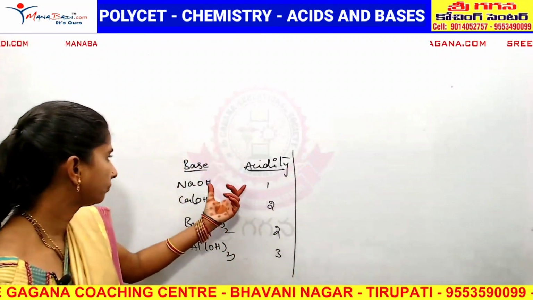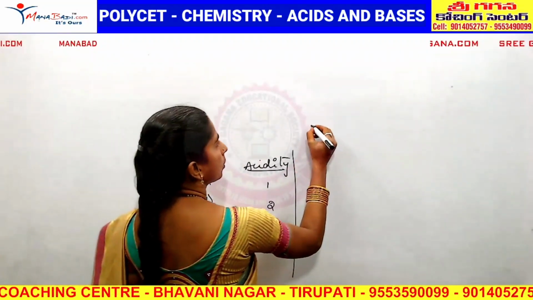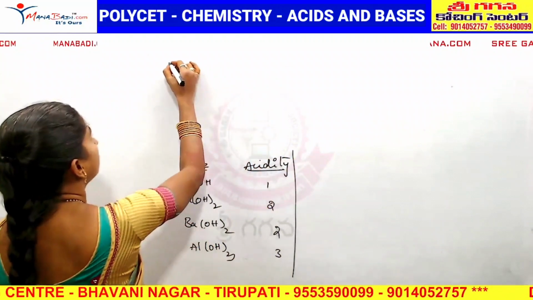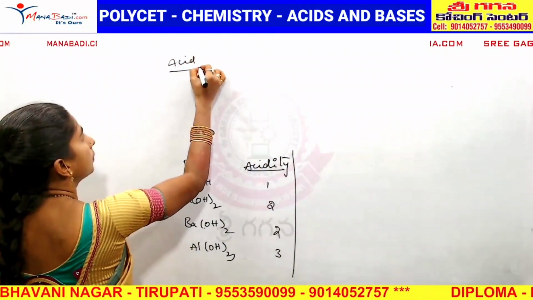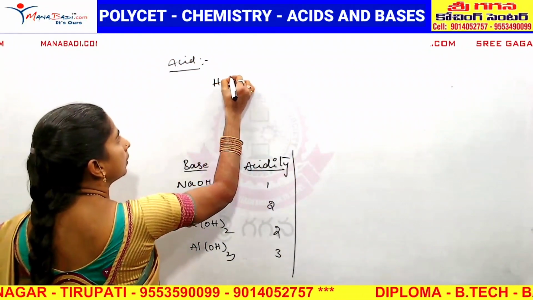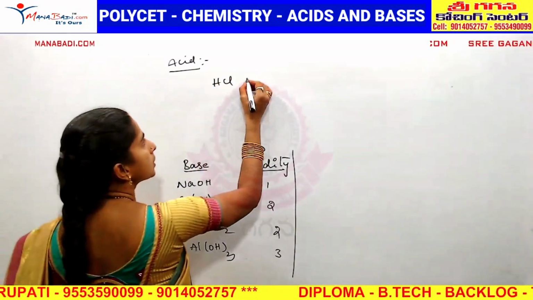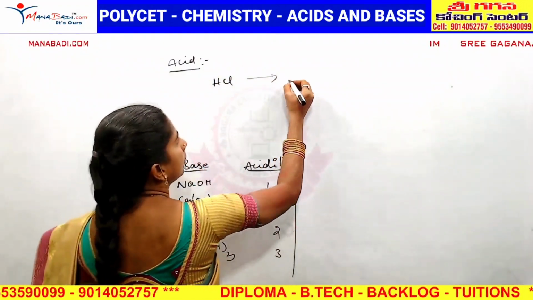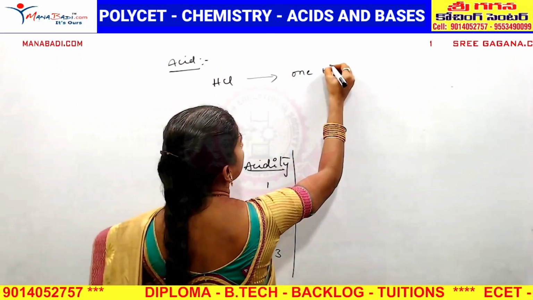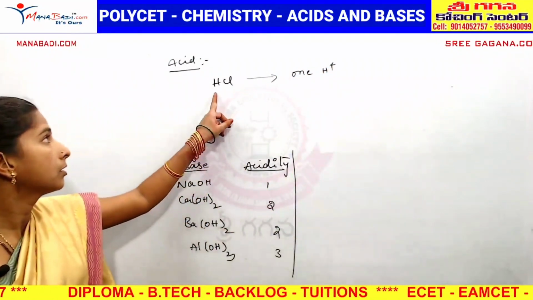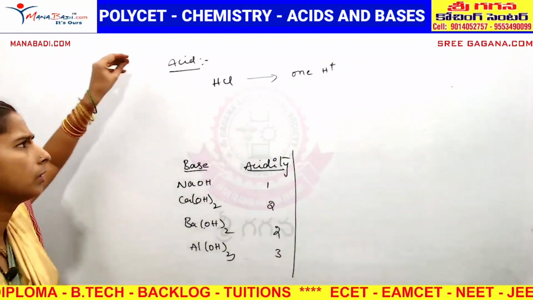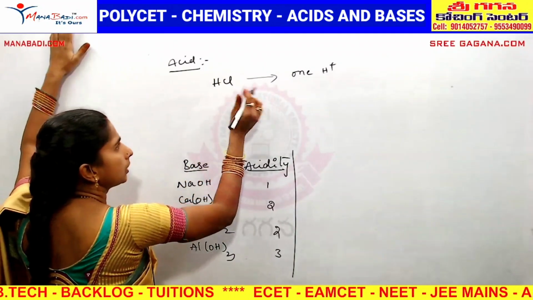The same applies to acids. Example for acid, HCl. In HCl, how many H plus ions can it release? One H plus ion, because only one H plus ion is there, as we have seen in that equation.